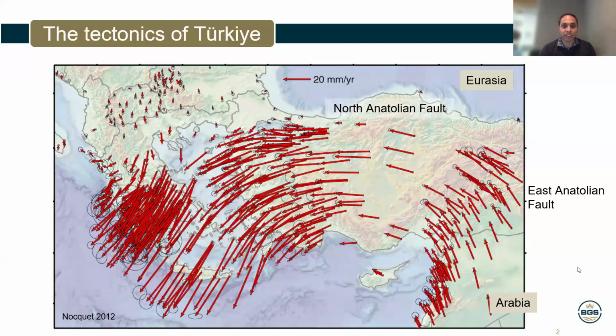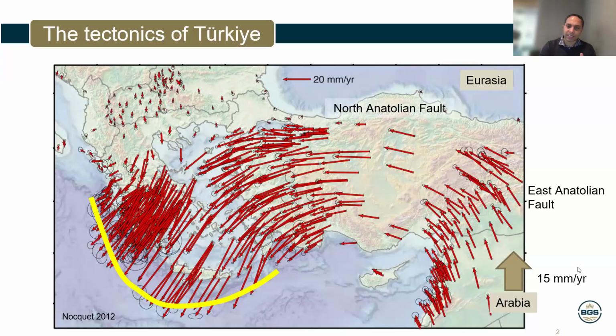To introduce the geodynamics of Turkey, here is the GPS velocity field for Turkey, Greece and the surrounding region, and it shows a really beautiful anti-clockwise rotation. I think the pole is in Egypt, but this is driven by two big forces: the stiff Arabian crust punching north into Asia by around 15 millimeters per year, and the Hellenic subduction zone pulling Anatolia in the west.